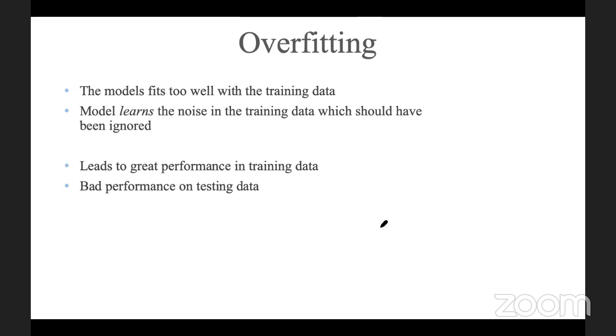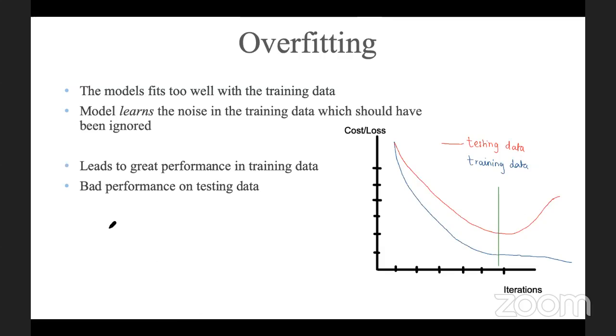In some way, it memorizes data instead of recognizing the pattern in the data that we actually wanted it to do. That's why it leads to great performance on the training data, but when you test it on the testing data, you will find that it's pretty horrific.